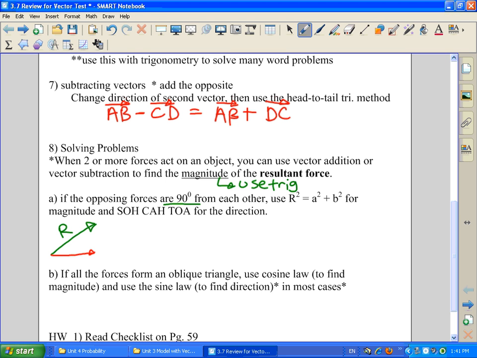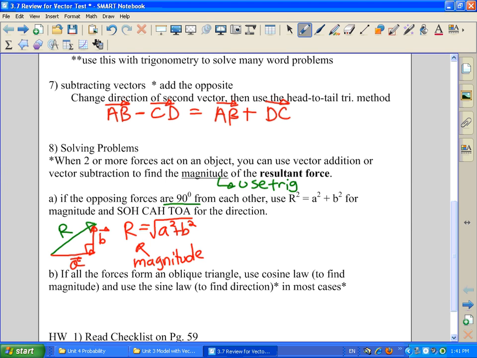Say this is vector A, and this is vector B, and vector A and vector B create a 90 degrees. So to find the magnitude, that's going to be the distance measurement, not the direction. It's going to be a squared plus b squared, and then take the square root of that. So this gives you the magnitude.